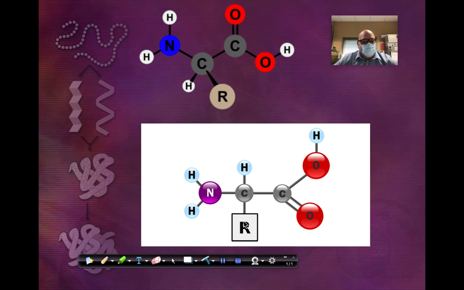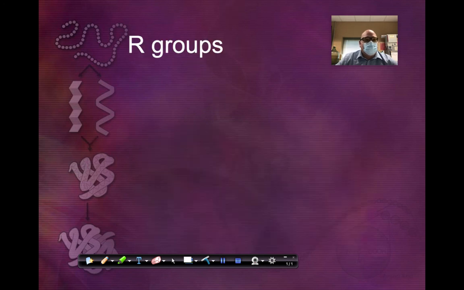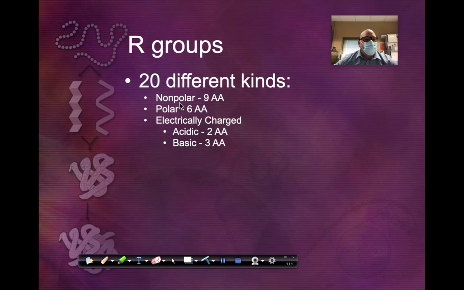And remember, this is your functional group. So this is sort of what determines the chemical properties of that particular amino acid. All right, so these R groups. That's what I'm sort of leading up to right now. The R groups, look at all this. You don't have to write this down. I don't care that you know that there are 9, 6, 2, or 3.